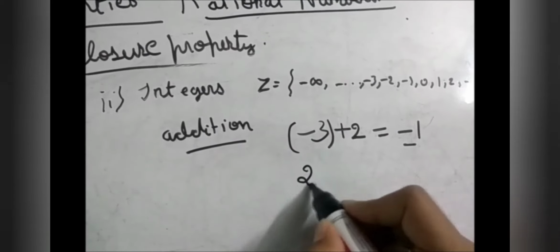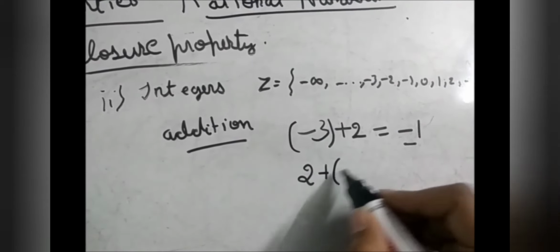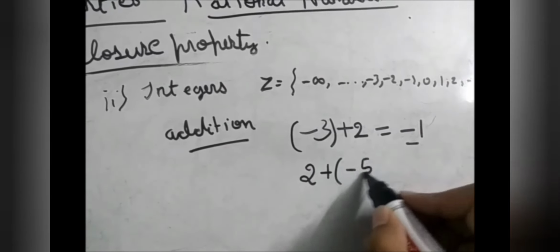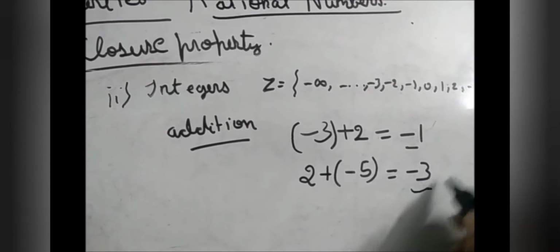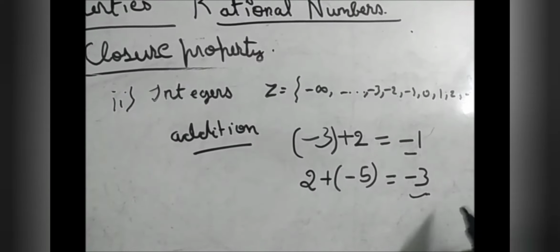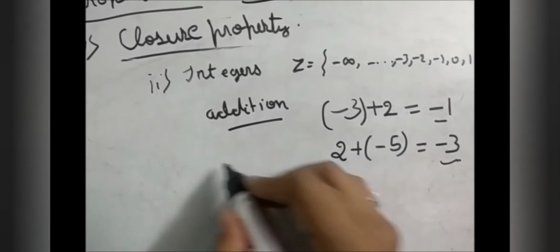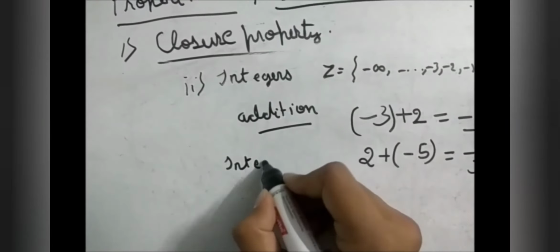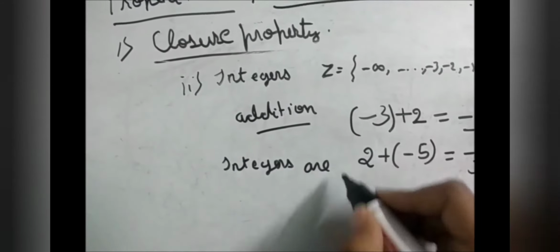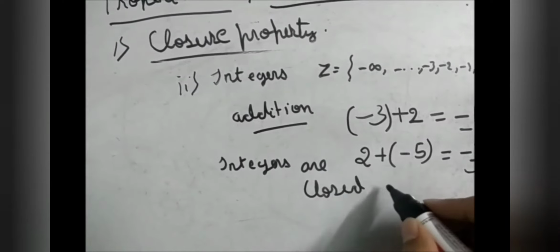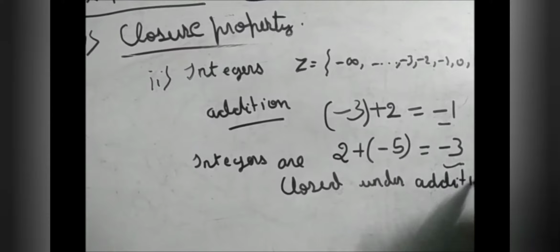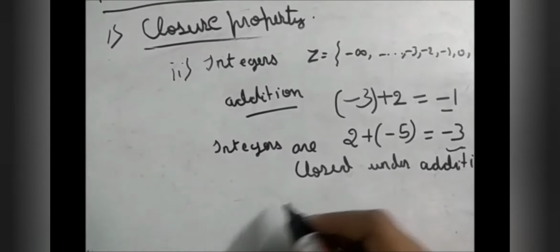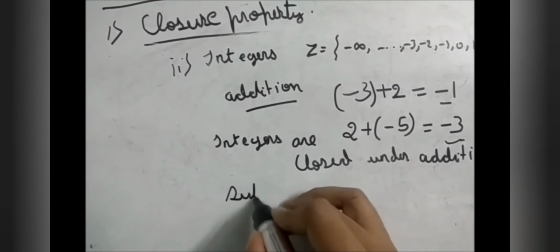If we take 2 plus minus 5, which is equal to minus 3, which is present in the set of integers. So we can conclude that integers are closed under addition.